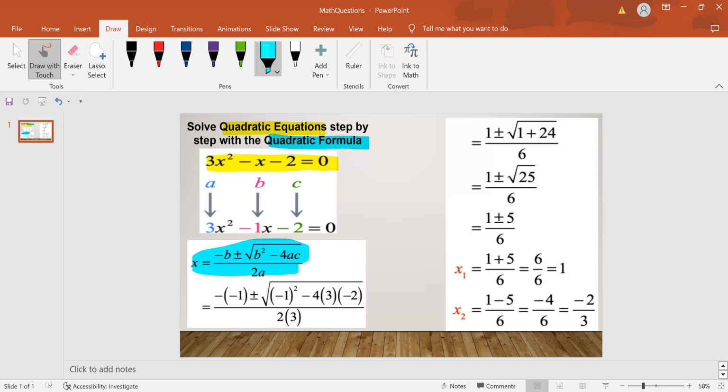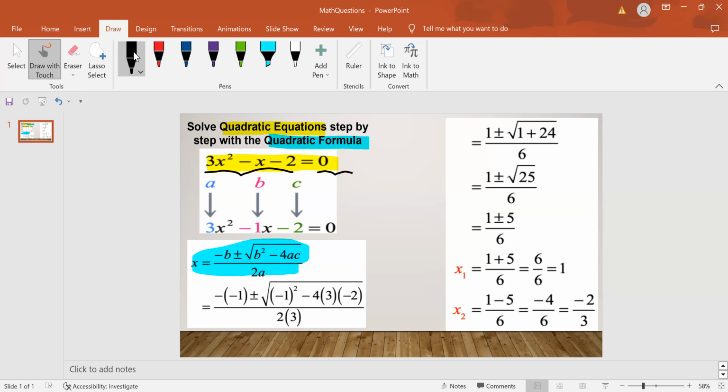When they give you the equation, you have to understand that we have two sides of that quadratic equation. This is one side, which we call the left hand side, and the other side is the right hand side.